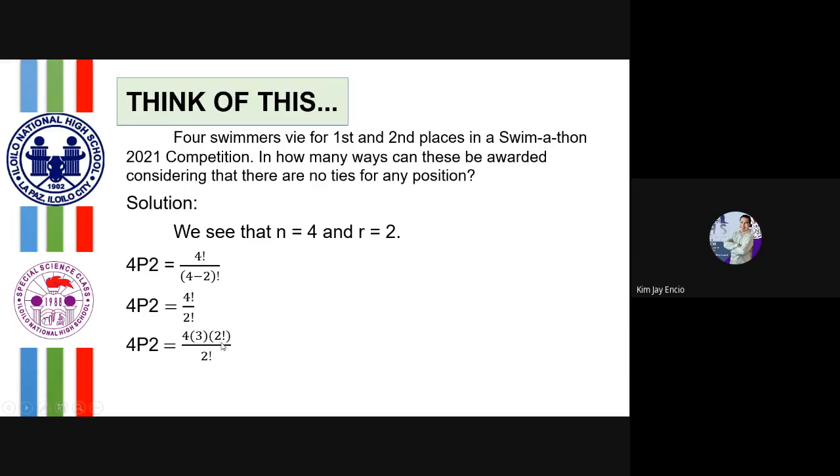We stopped at 2 factorial because we can divide it with the 2 factorial in our denominator. That leaves us 4 times 3, which is 12. So you see, using the slot method or using this permutation formula gave us the same answer. But note again that this formula is applicable if no repetition is allowed.